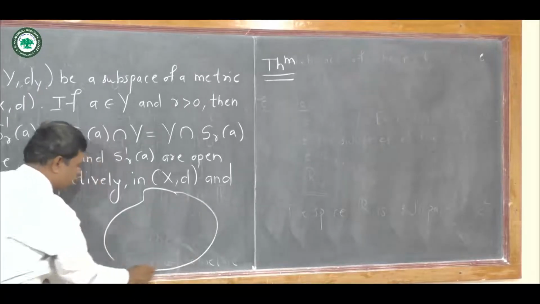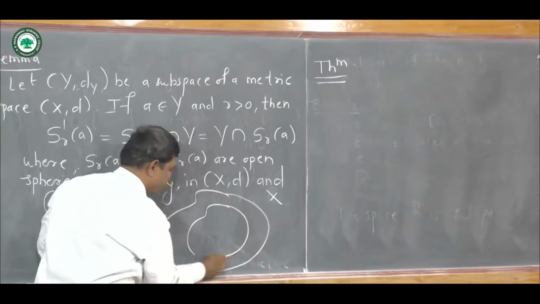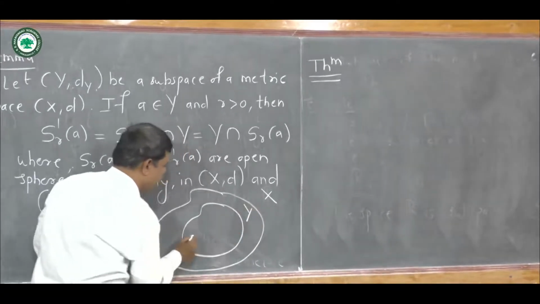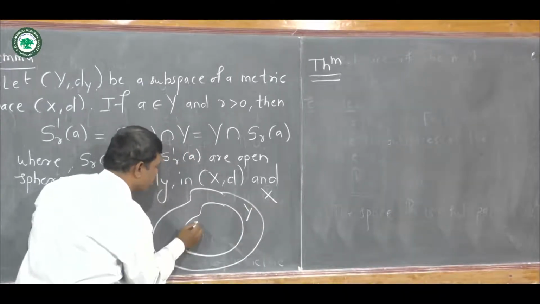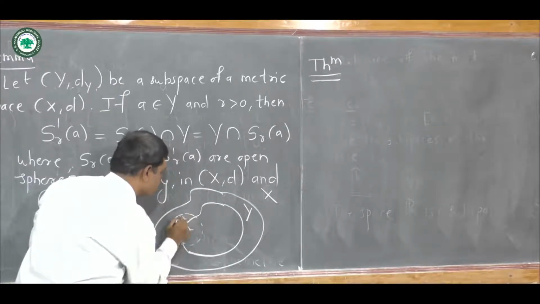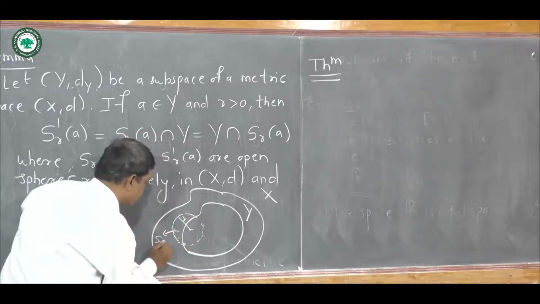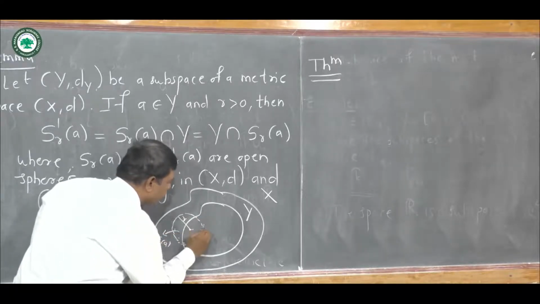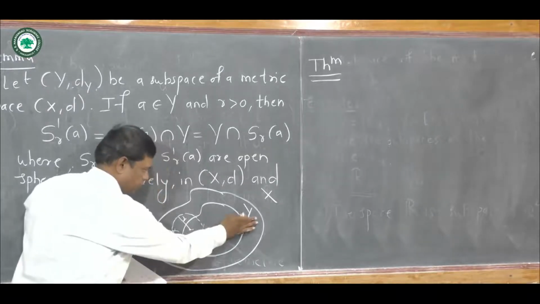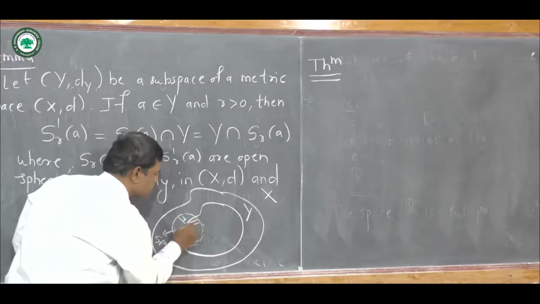Suppose this is the metric space X and this is the subset Y. Now here we have this element A. Suppose this is the open sphere of radius r, this is S(r, A). The common part to both, that is the open sphere S(r, A) and Y, is this.